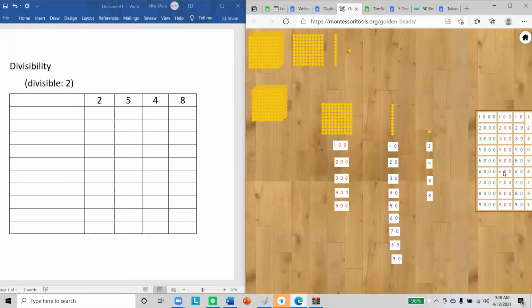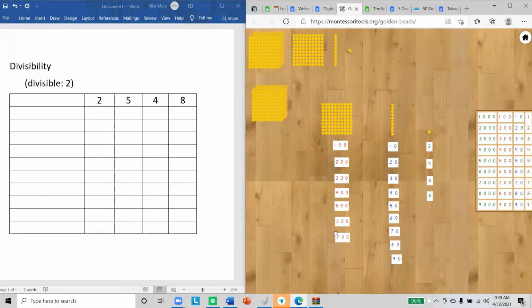500. But it's not adding with tens anymore. It's like adding with hundreds now. 500 is 250 plus 250. It's the same thing, I think, with the tens, just added 0. How about 600? 300 plus 300.